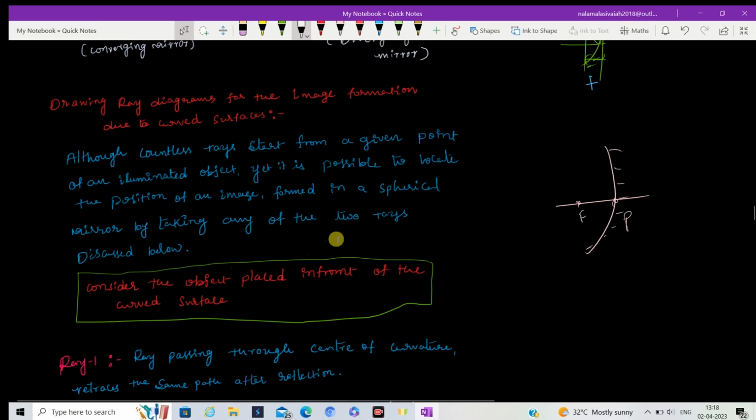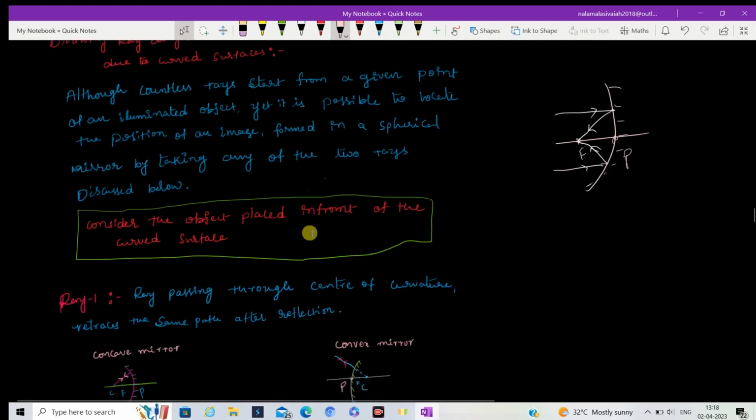If you want to form the image of the object, from the starting onwards you can observe the diagram, the same diagram I'm drawing. I'm not taking many light rays, only 2 light rays. The minimum light rays required to form the image of the object is 2.